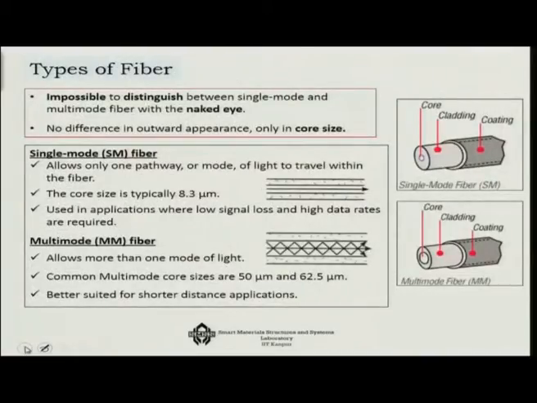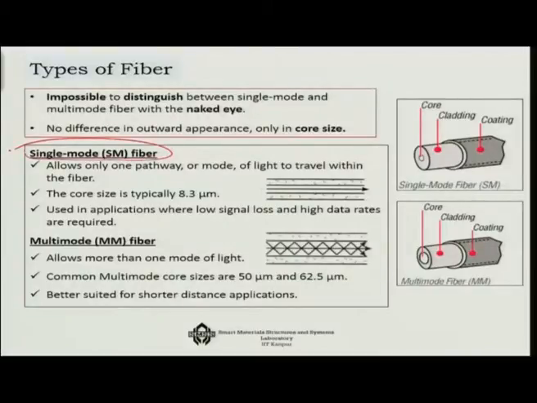Now there are two different types of optical fibers, which you may not be able to distinguish with the naked eye, but if you look with the help of a magnifying glass, you will see the difference. In one case it is a single mode, SM, fiber.